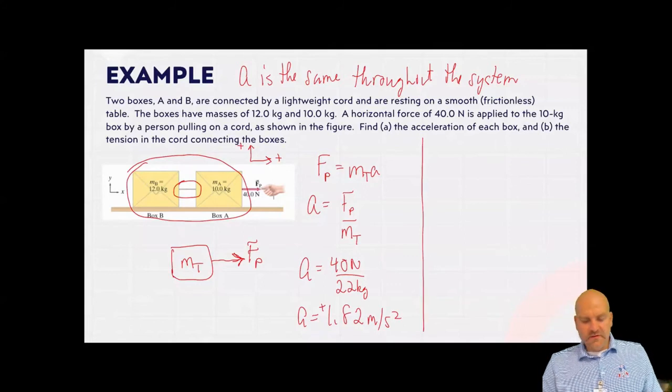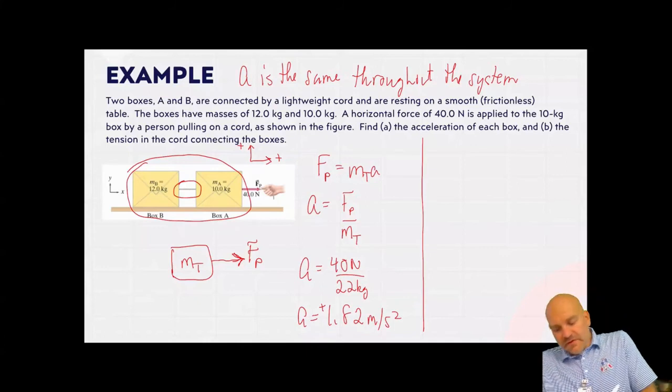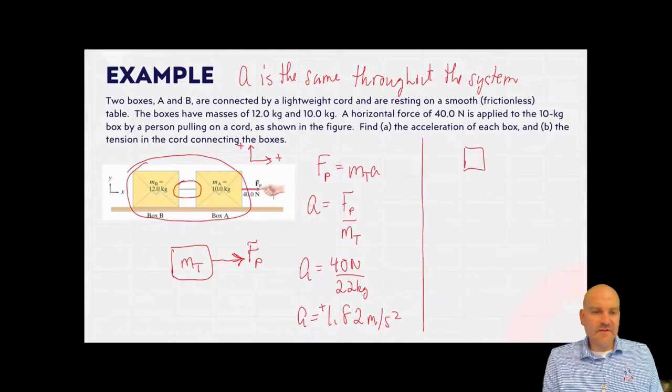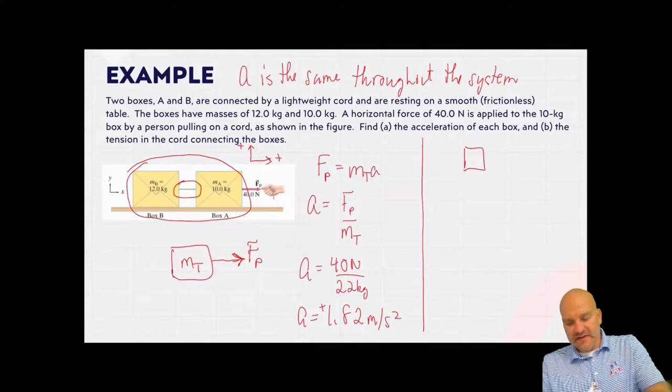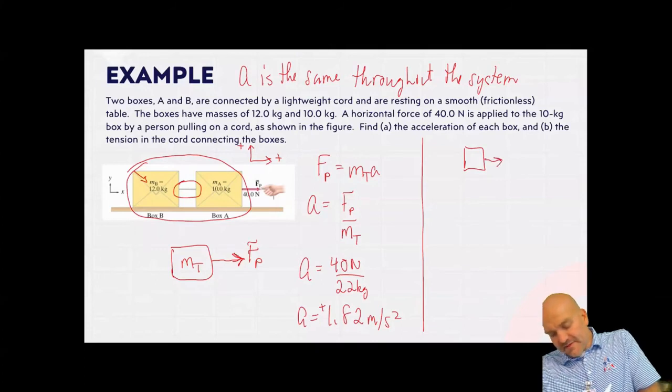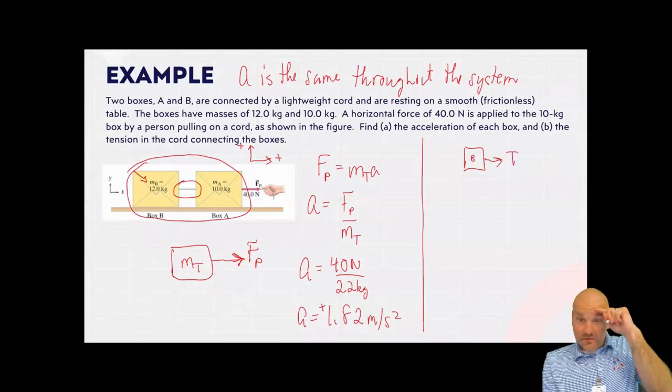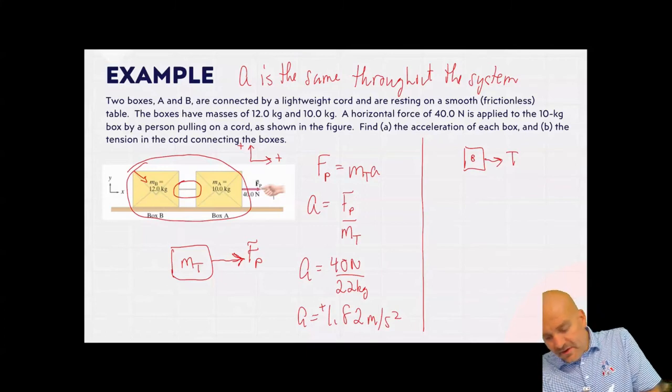Now, what we want to do is find the tension in the cord connecting the boxes, and we want to go easy. So we're going to look at whichever one has the least amount of forces acting on it, and it's going to be box B here, because really the only force I have acting on box B is the tension I'm looking for. But I know that it's accelerating at that 1.82 rate. And so my free body diagram would be tension to the right, and that's it.